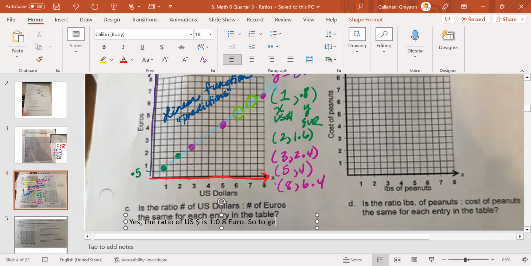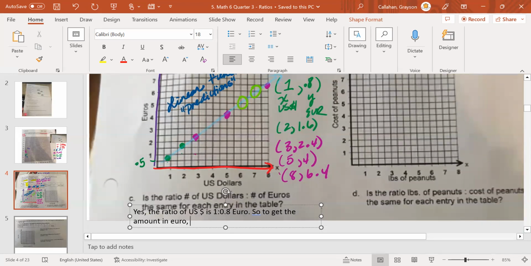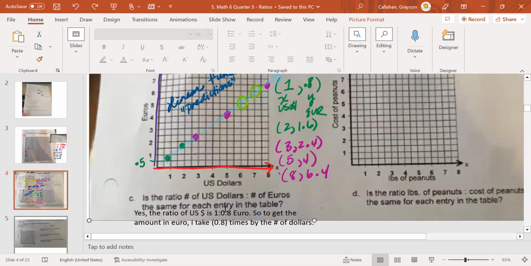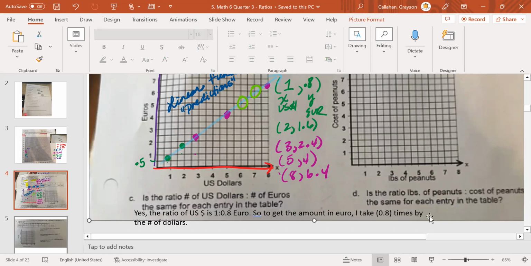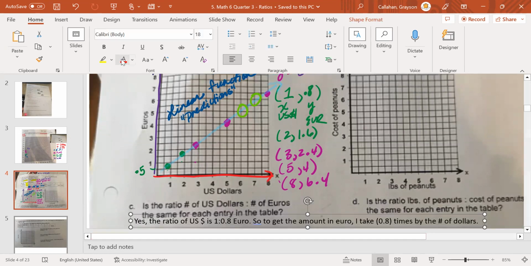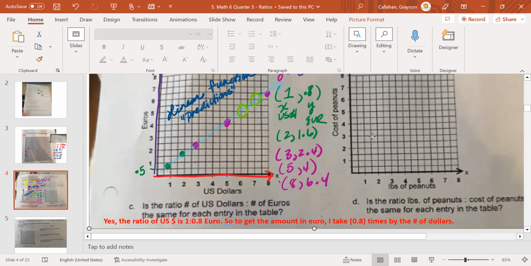So to get the amount in euro, I take 0.8 and then times by the number of dollars. And that's what you do. Does that make sense, Grayson? Okay, so then let's move on to the next part.